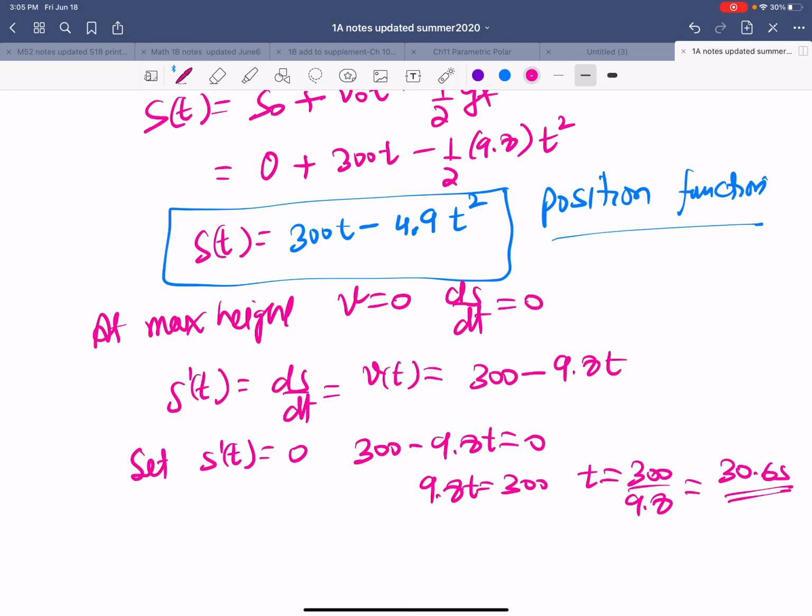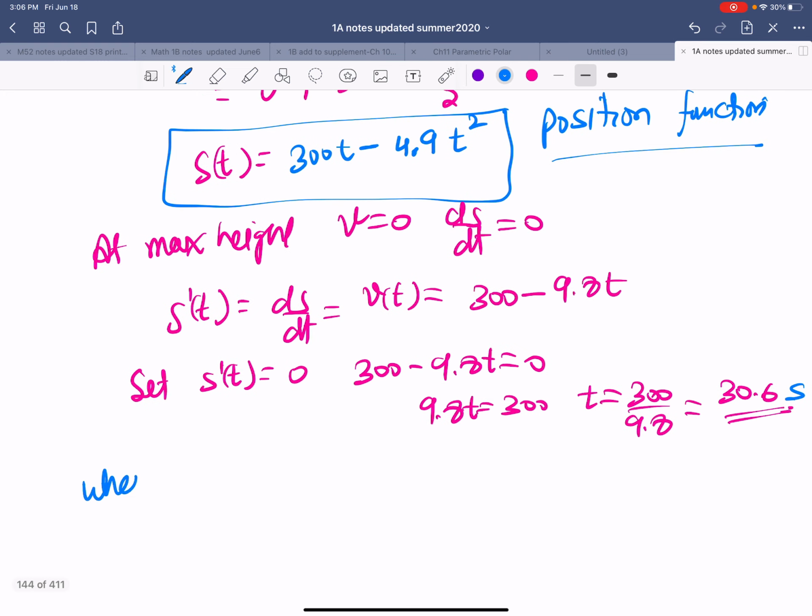So the bullet reaches the maximum height when the time is 30.6 seconds.